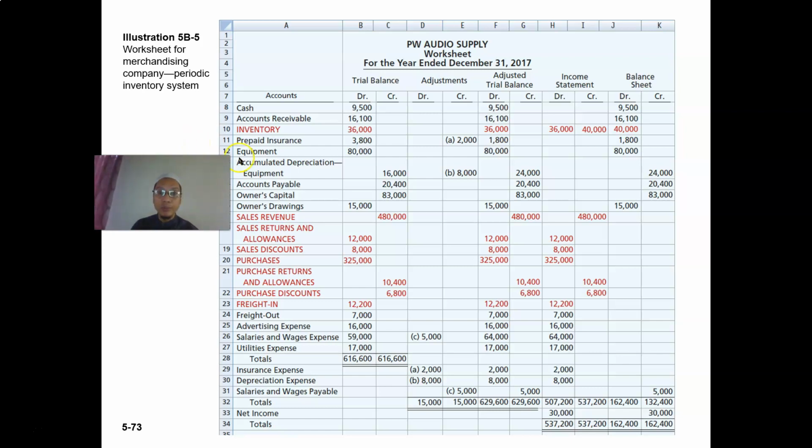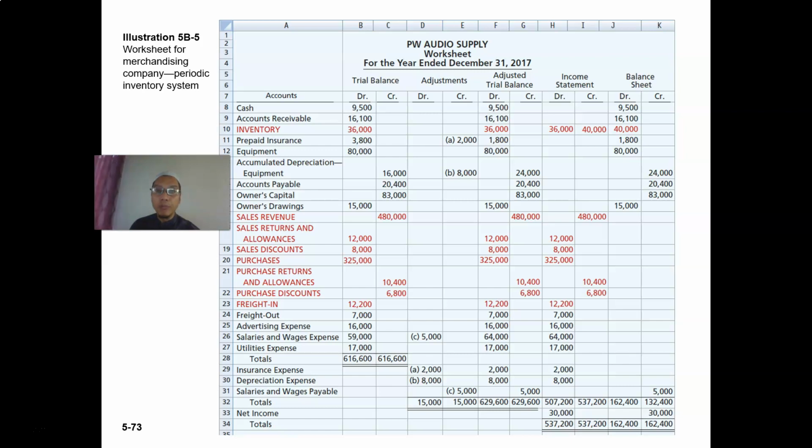Firstly, the inventory account. The trial balance here will actually be the beginning balance of inventory, because there's no movement in the inventory account under the periodic system.